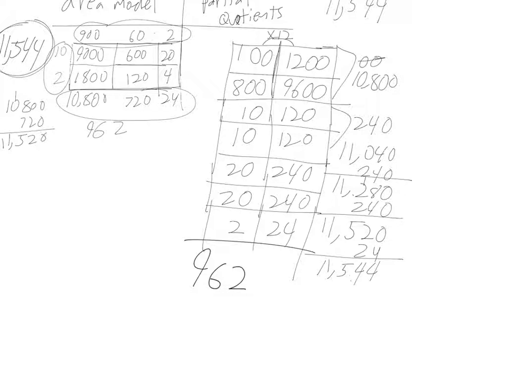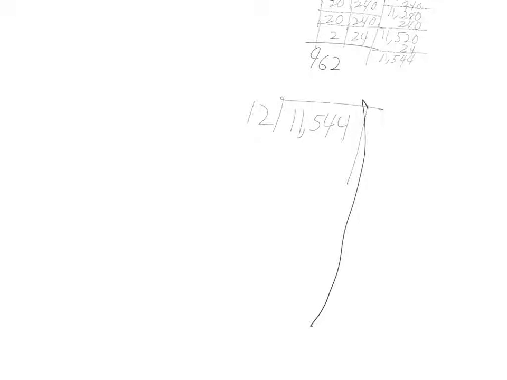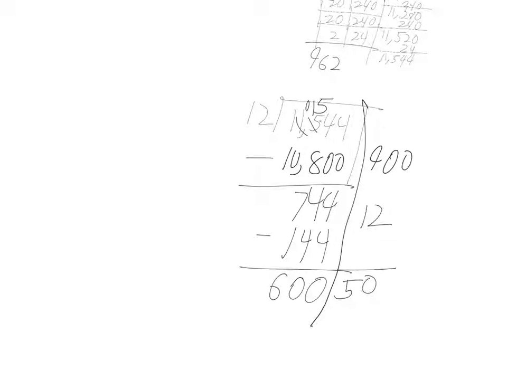Now I'm going to go back to more of a standard type division you might see, but it's going to look more like this ratio table. So based on what I already know, I can take 12, and over here I'm going to write the steps I take. I know I can put it in 900 times, right? And that's 10,800. So the next thing I did is I subtracted, and I got 744.